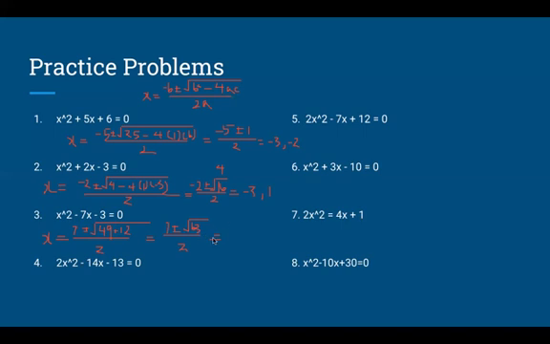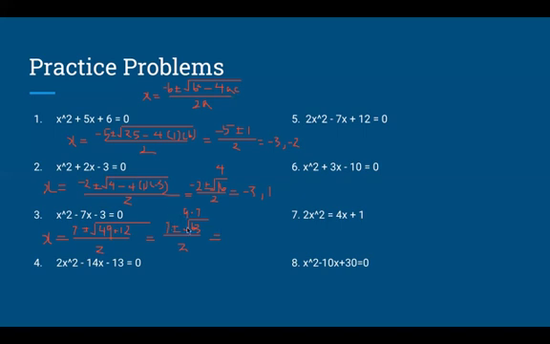In this case, if you know square roots, we can simplify a square root by factoring out a perfect square. 63 is 9 times 7.